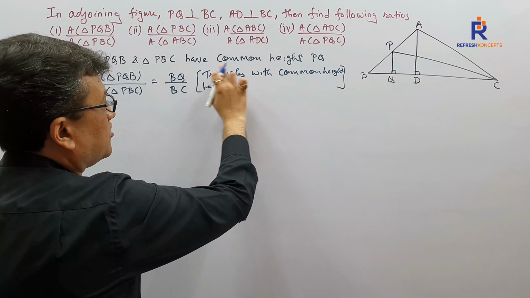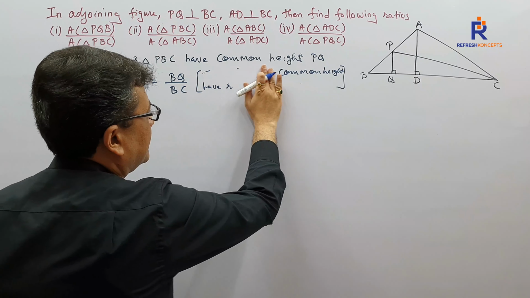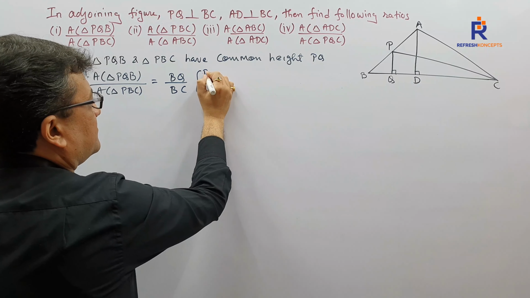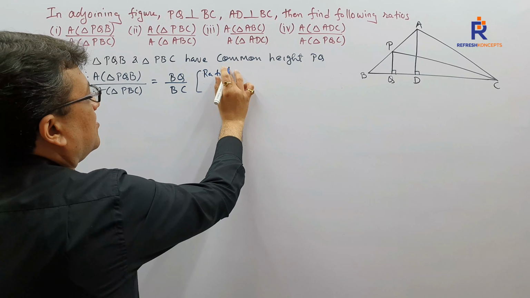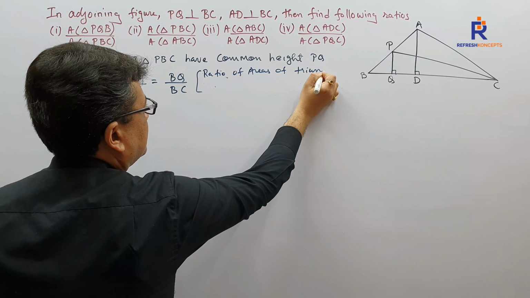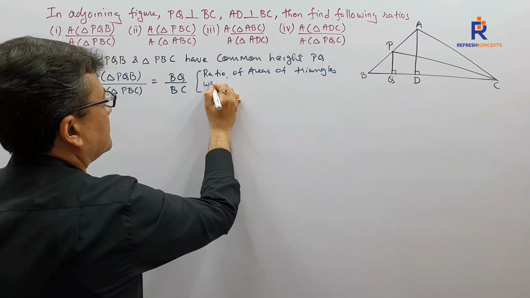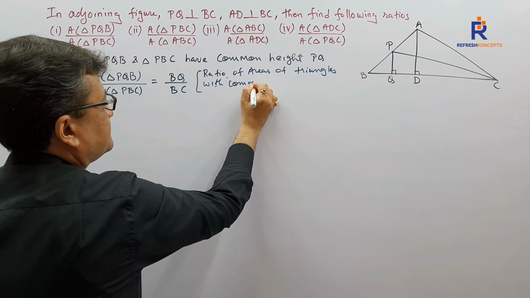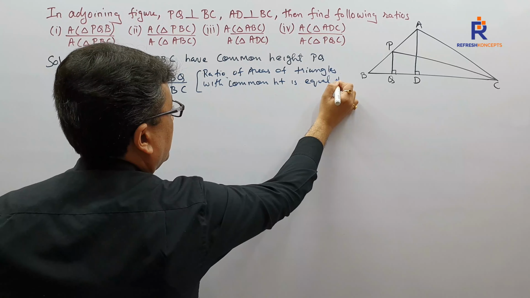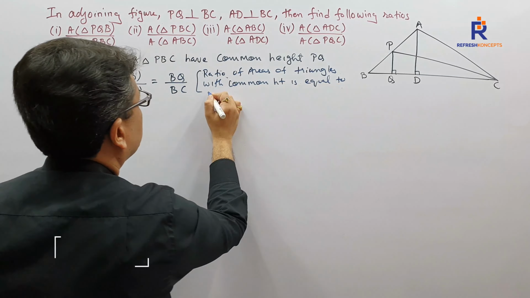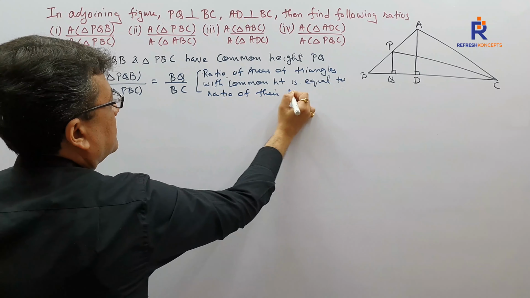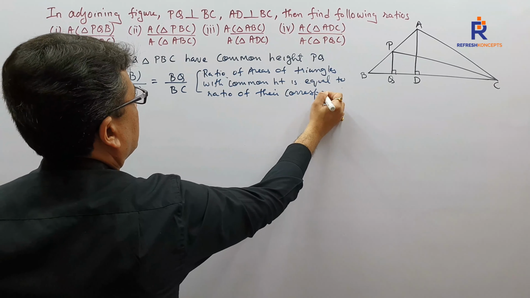Let me name the reason that way: the ratio of areas of triangles with common height is equal to the ratio of their corresponding bases.